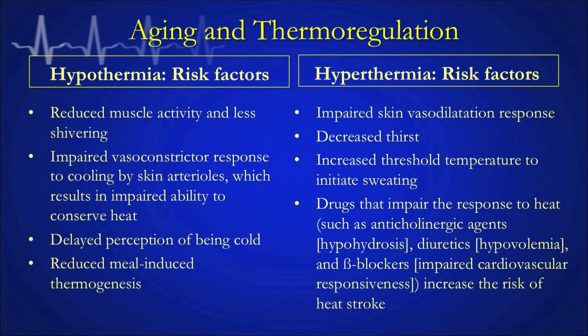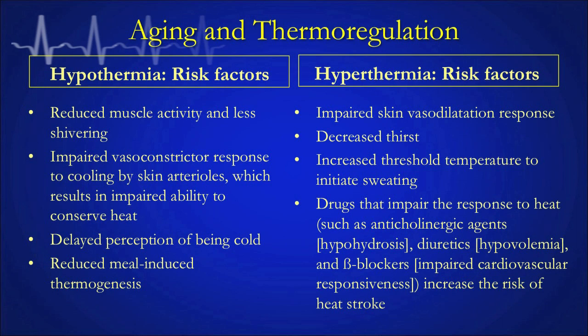When the temperature goes high, I'm sure you hear on the radio about making sure that older people have air conditioning and are drinking enough fluids, because they have more propensity to develop heat stroke. The reason for that is that they do have decreased thirst. They don't vasodilate to get rid of the heat, and there is an increased threshold temperature to initiate sweating. So they are not sweating that much.